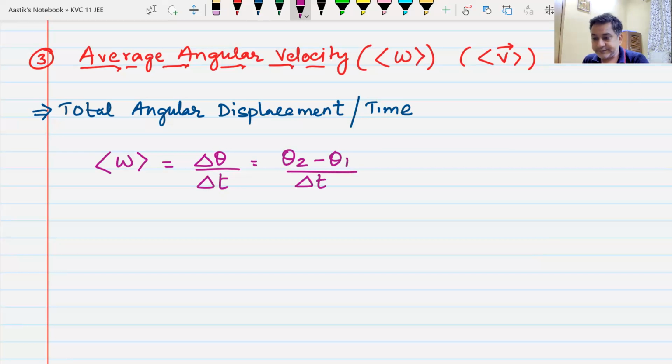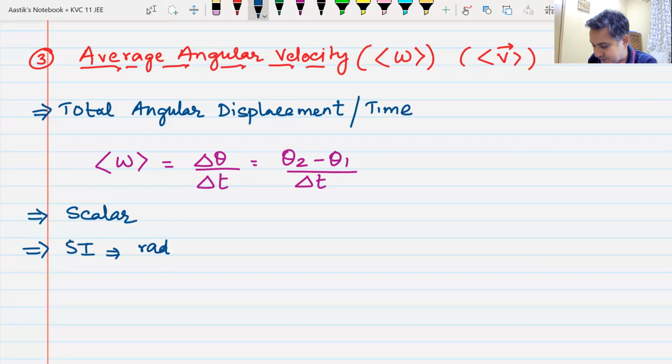Since this is delta theta divided by delta t, it is a scalar quantity. Its SI unit would be radians per second, and its dimension would be T to the power minus 1.